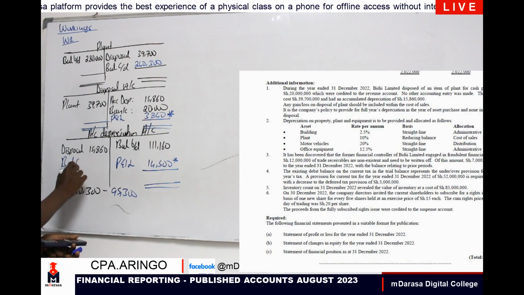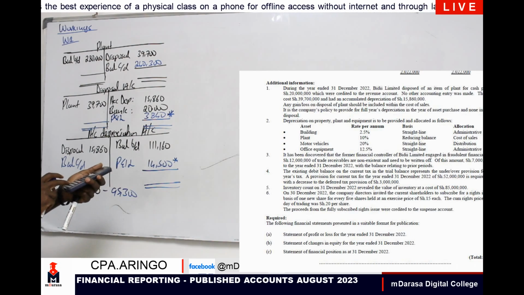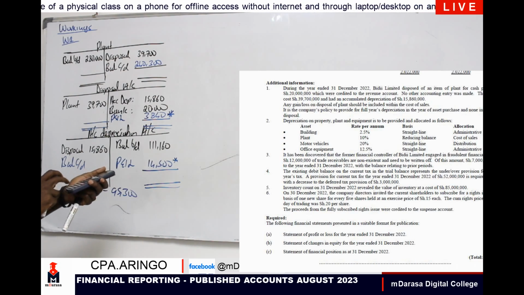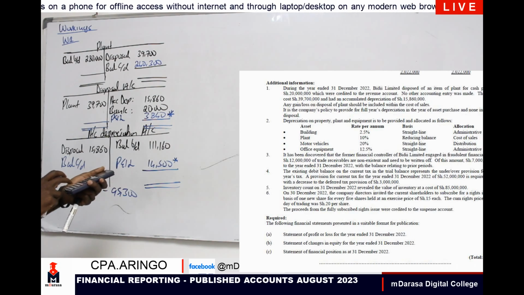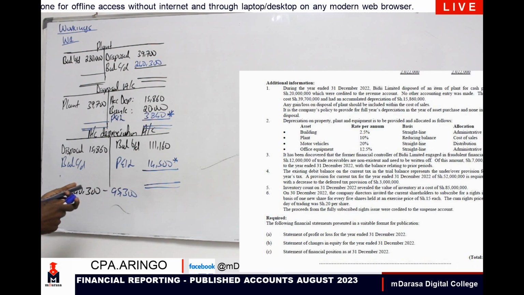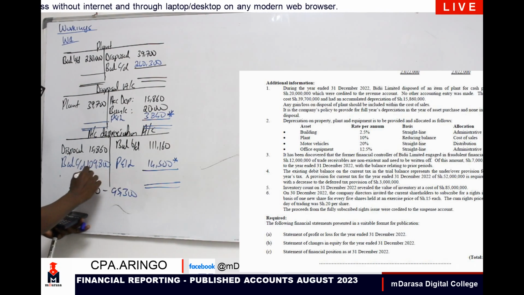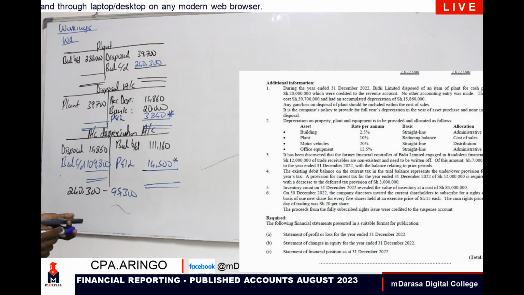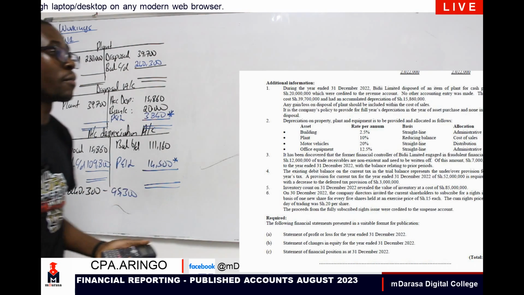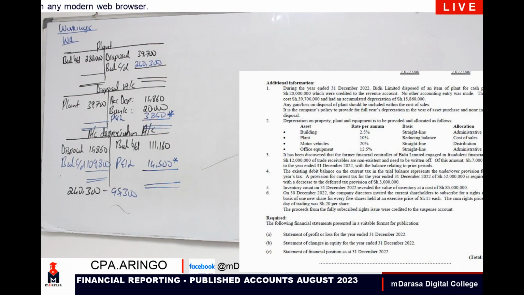Balance carried down for this period, we can determine it easily by taking 111,160 plus 14,500 minus 15,860, which will literally give us 109,800. So this will be our accumulated depreciation as at the end of that year.